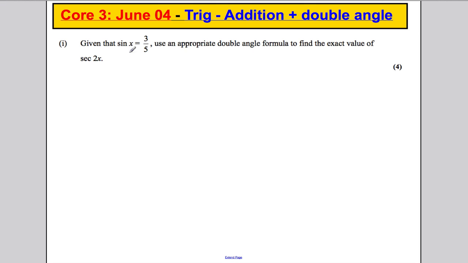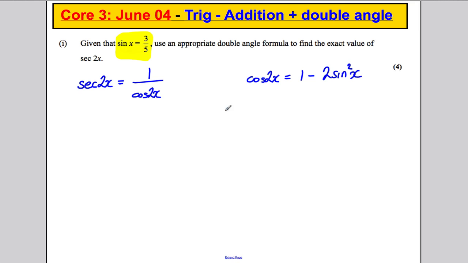Okay, we're told in this question that sine x is equal to 3/5. We're asked to find sec 2x. Sec 2x, let's just write down what it means, is 1 over cos 2x. Now, we should know that cos 2x, one of the double angle formulae for this is 1 minus 2 sine squared x.